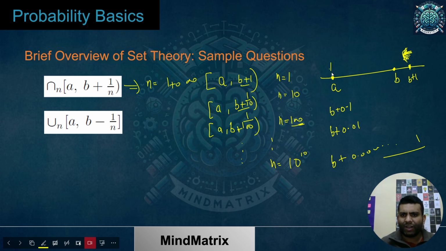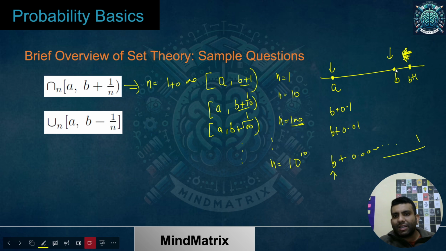A would definitely be part of it, because it was already included in each of these sets. All the numbers in between would be part of that. B will always be part of it, because even for n equals infinity it would be b plus 0.000 and so on, so b is already part of that.